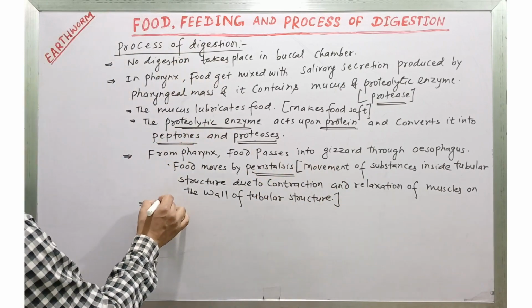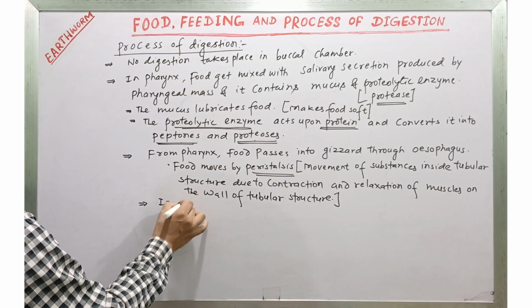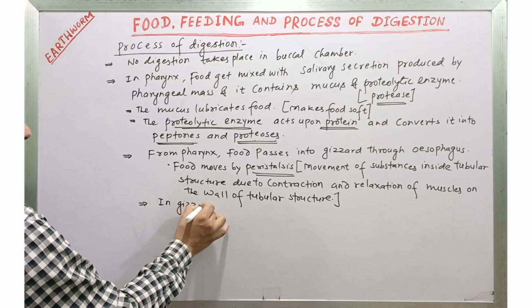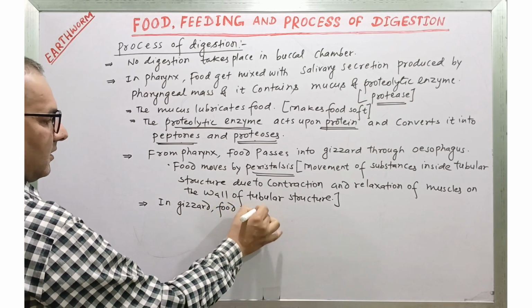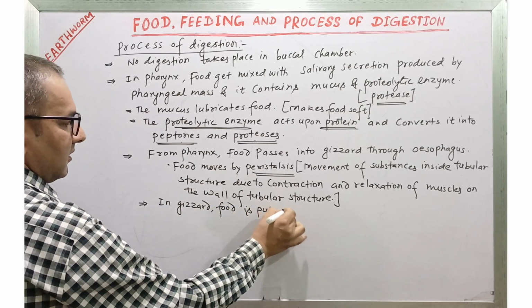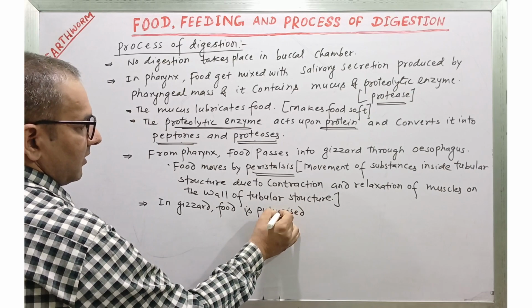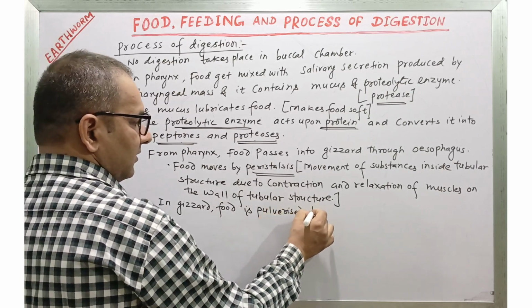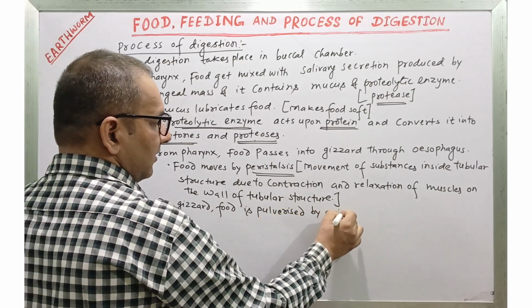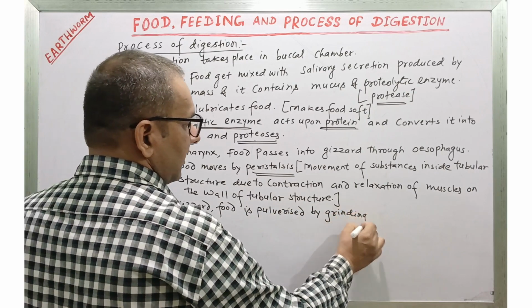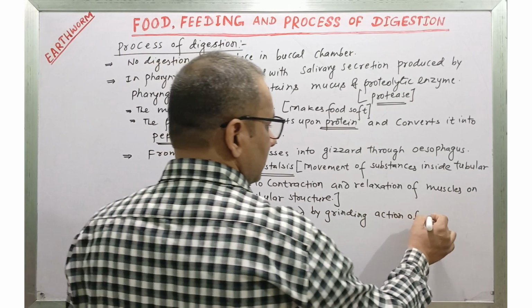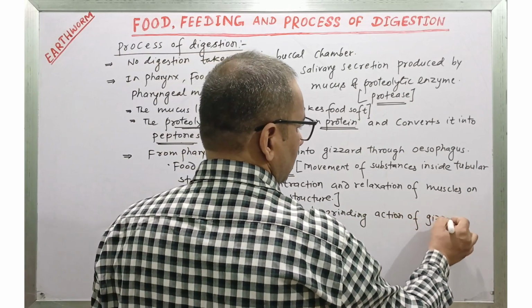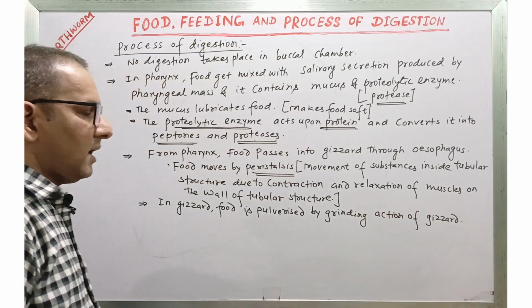So, in the gizzard food is pulverized by grinding action of the gizzard. Gizzard is highly muscular.